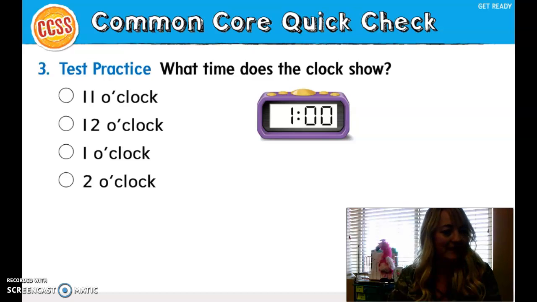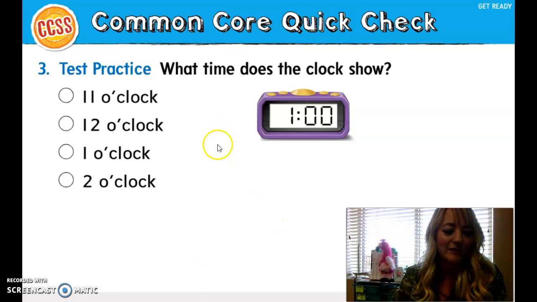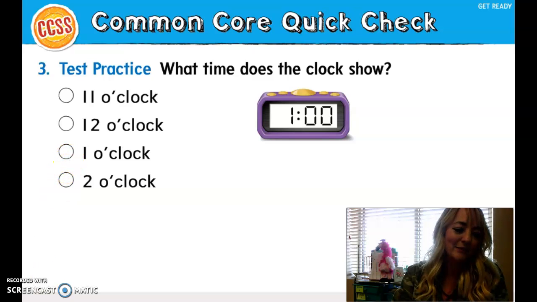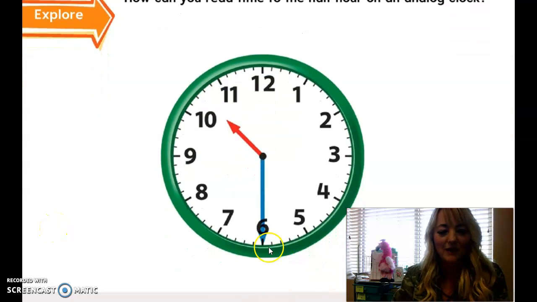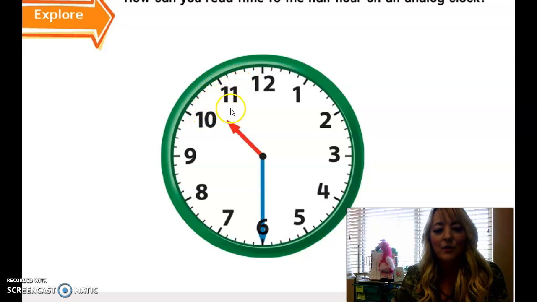What time does the clock show? So this is the digital clock, easy to read, so we would say 1 o'clock. How can you read time to the half hour on a digital clock? So here you have the hour hand pointing between the 10 and 11, and when you see it going between the hours, it always is the hour that is previous, or the lesser hour.